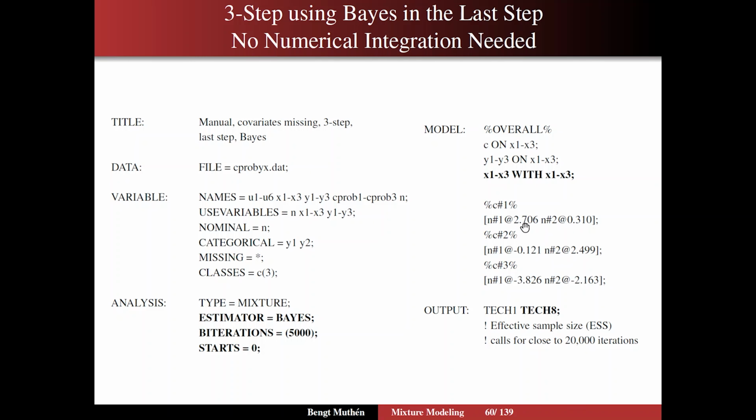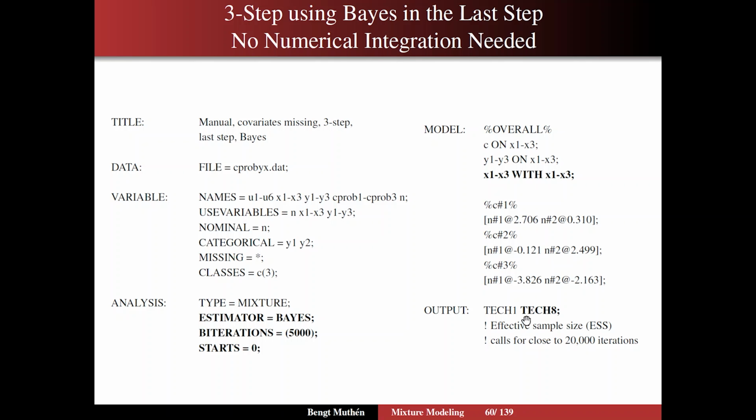So the new feature here really is the estimator Bayes, and with Bayes we usually want to monitor Tech8 to see that the Bayes iterations go well and go down to PSR values close to 1.